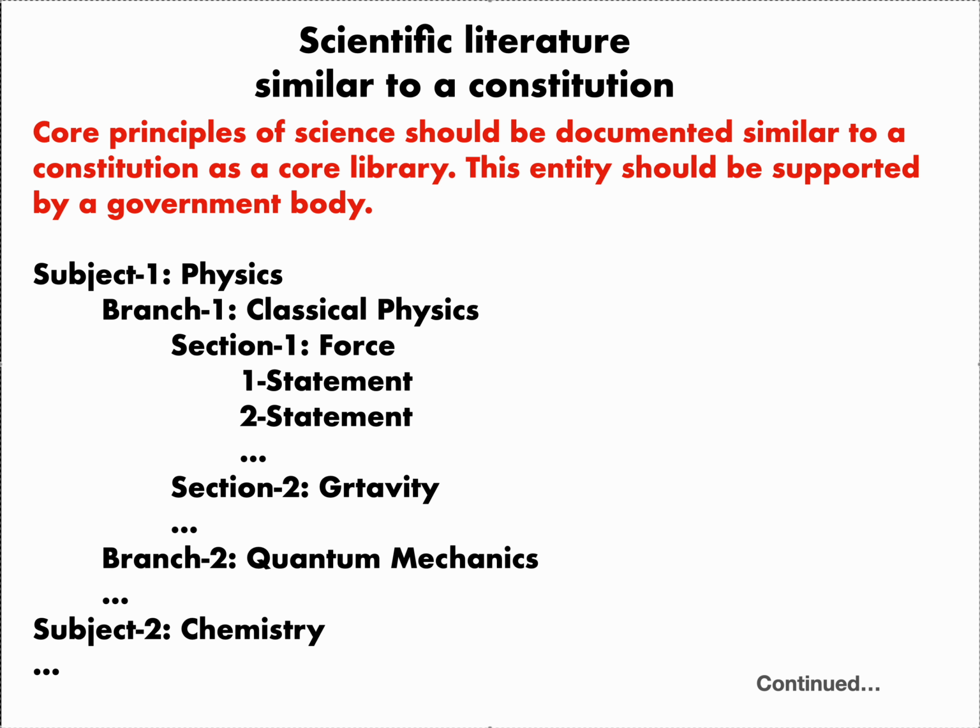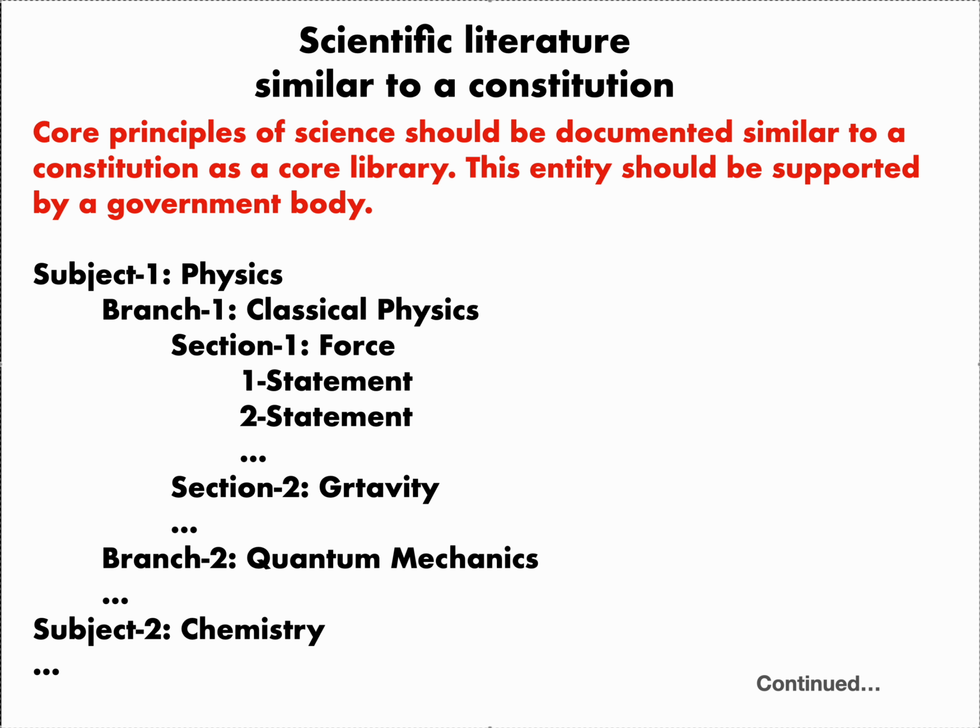When you look at the new structure of the scientific literature that I am proposing, we could divide it by subjects. Subject 1 is physics. Subject 2 is chemistry. Then under subject 1, branch 1 will be classical physics, and branch 2 will be quantum mechanics.